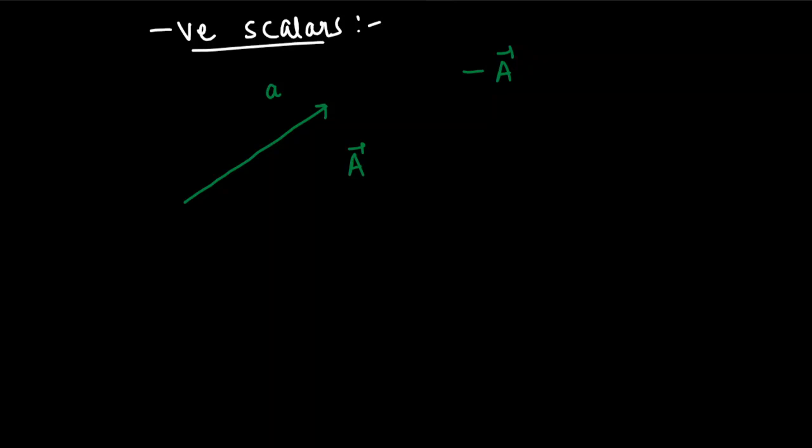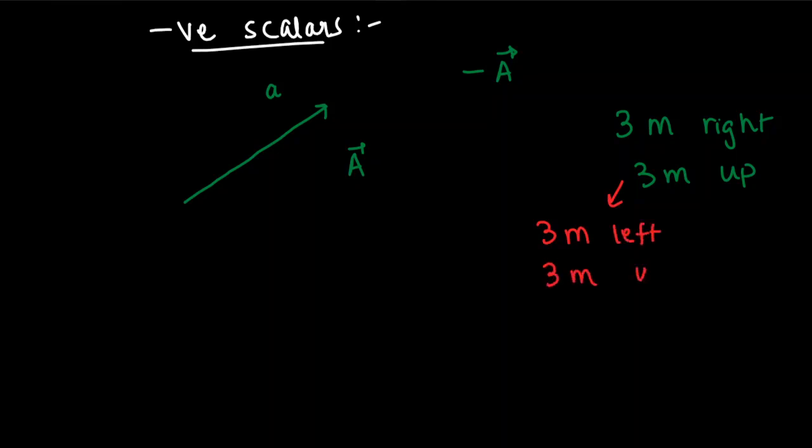What does that mean? So if you take it sort of in a physical sense, now going 3 meters right and 3 meters up becomes, if you do the negative of that, 3 meters left and 3 meters down. So when you multiply a vector by -1, it really just inverts the direction, and that makes sense.